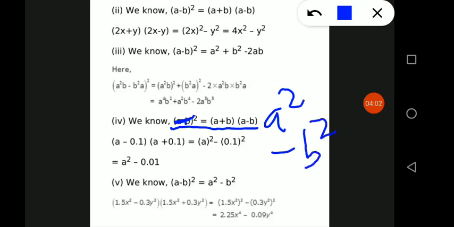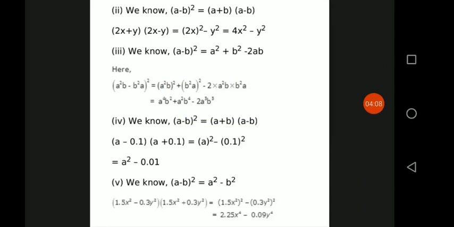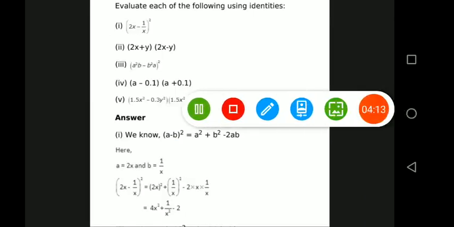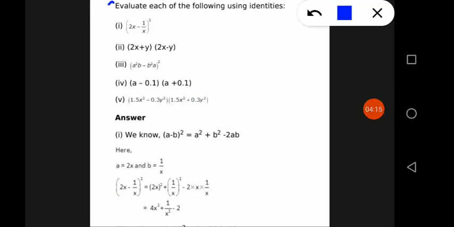Got it? Okay. I hope the rest of the questions you can do on your own. So students, you will do this question 1 for all the 5 parts in your notebook. Understood?